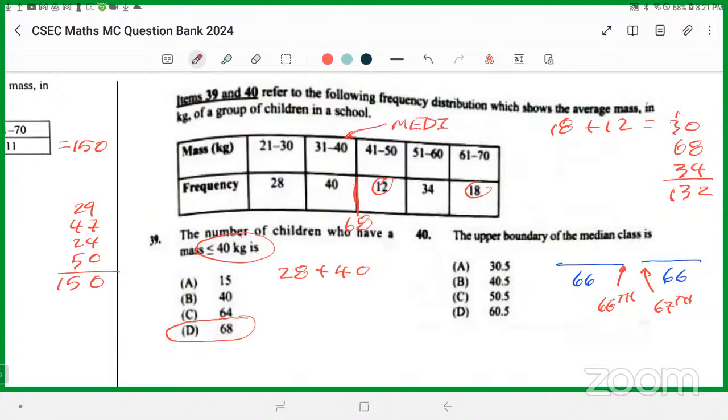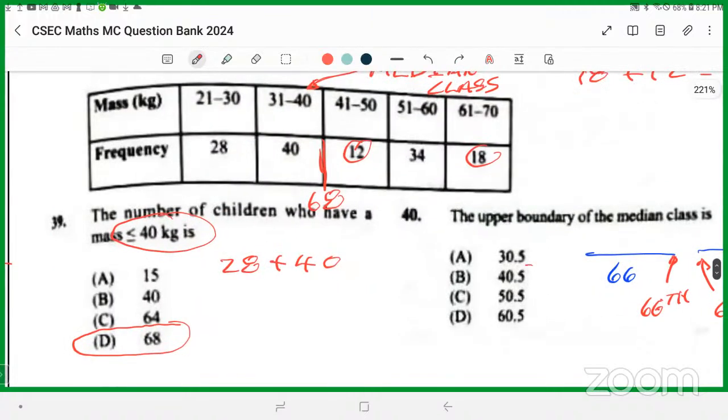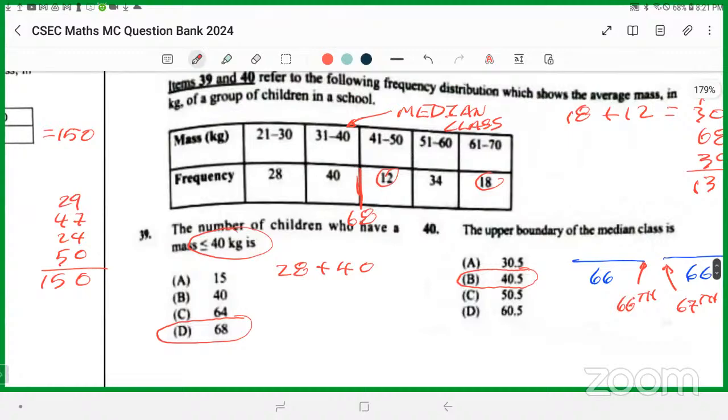The median is in there. Median group, or the median class. And the upper bound of the median class is 40.5. Upper bound is 40.5 right here. That's that.